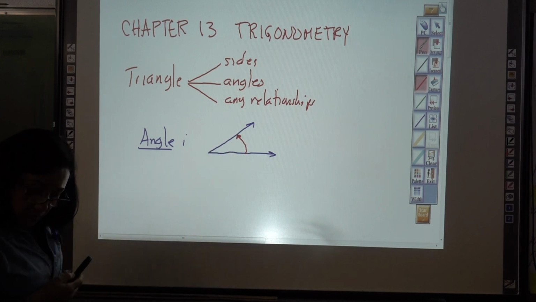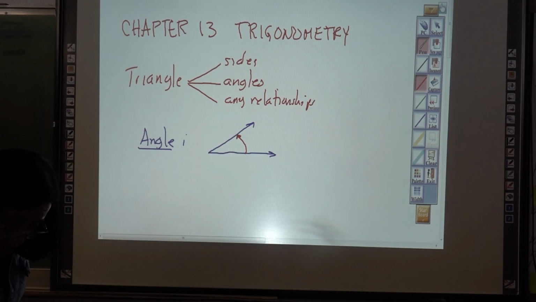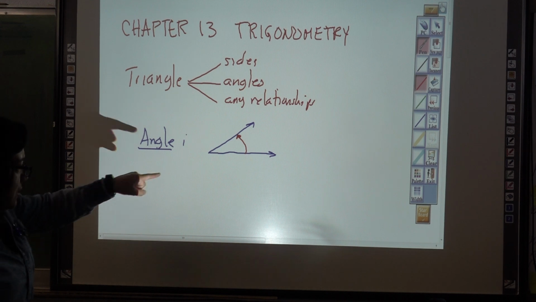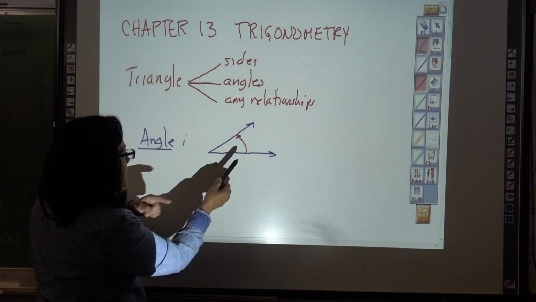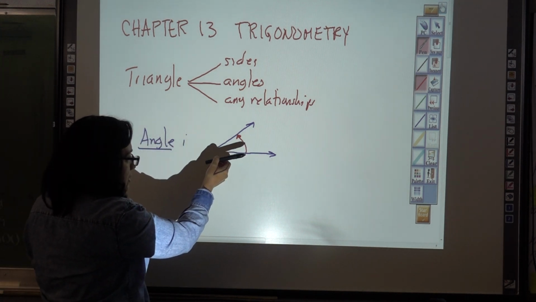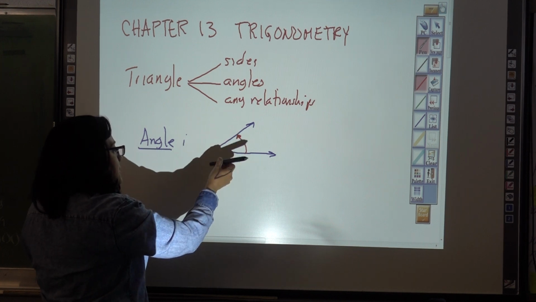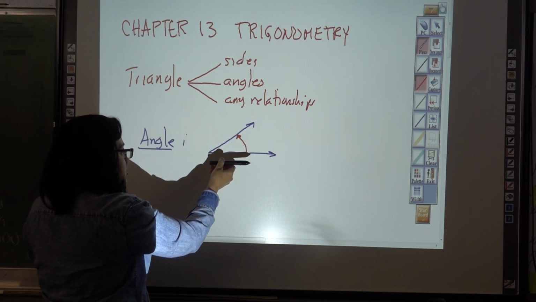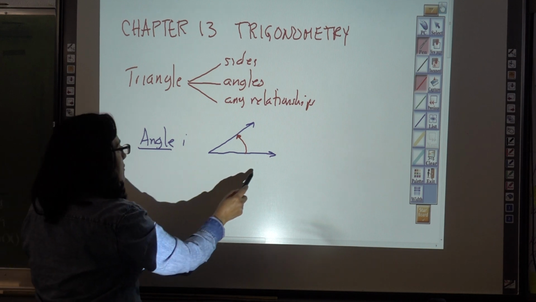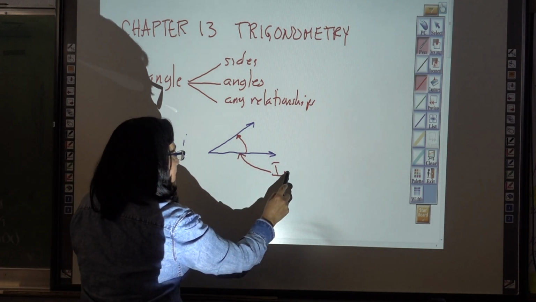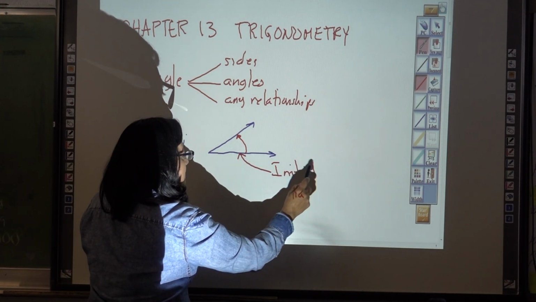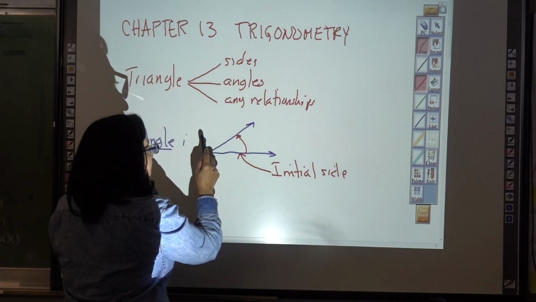Okay. Angle, we use a notation. Before we start with notation, the part where it starts is a little arrow. We always measure angles counterclockwise. So the initial part, when we start measuring, is the initial side. And that's the terminal side.